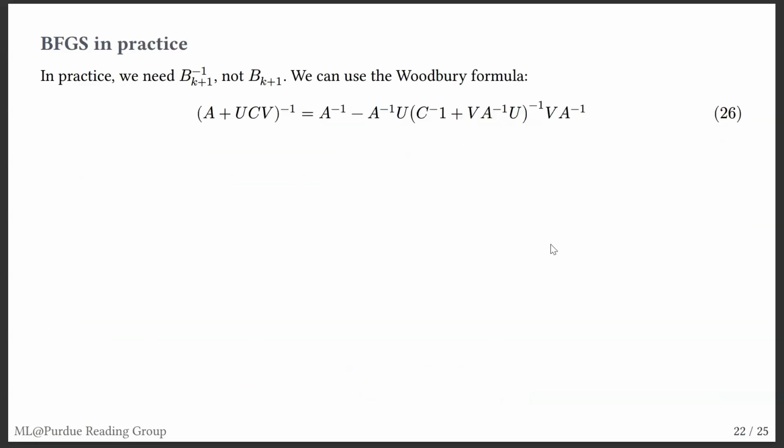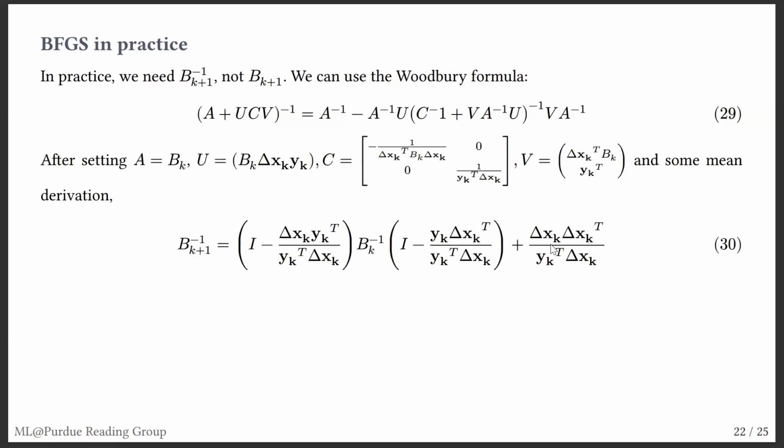I'm going to gloss over a little bit of the details here because it's annoying algebra, but there's a very good formula, the Woodbury formula. It allows you to take the inverse of an addition. You can set each part of the previous formula into individual matrices and vectors. So you set U, C, V, and A is just B of k.